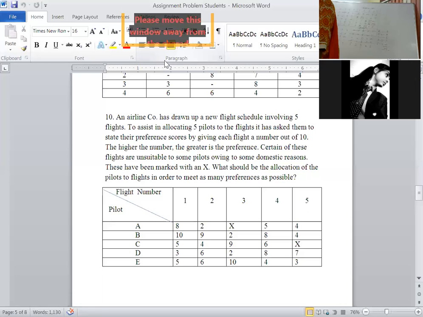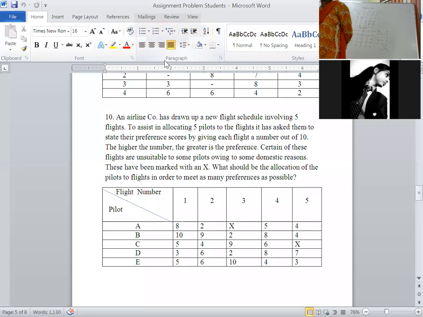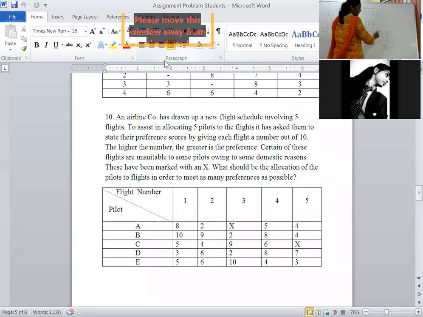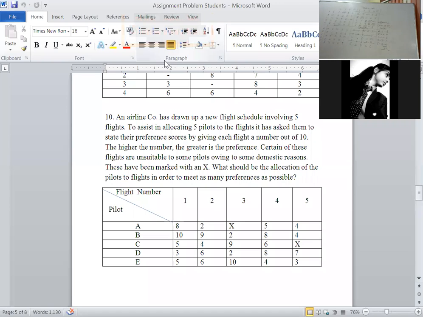For a minimization problem, assume, within brackets, write down plus infinity or plus M cost for the prohibited position, and proceed further as usual.